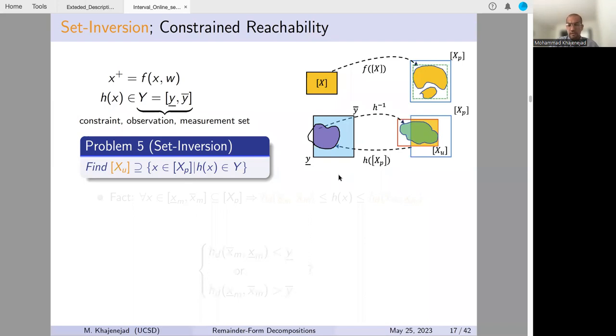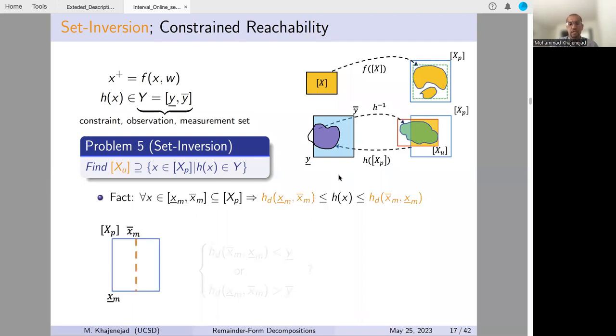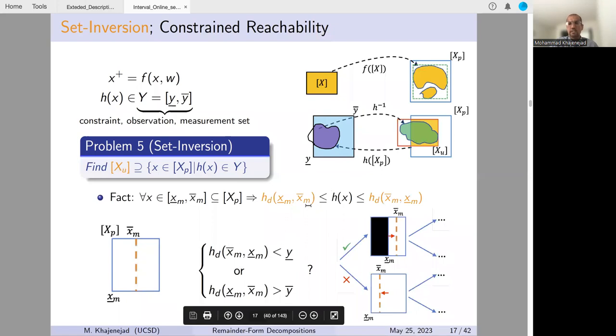So it turns out that using these decomposition functions, we can handle this problem as well. And the idea is to apply these decomposition functions on the observation equation. By applying that, we can rule out sub-intervals of this propagated set, which are proven to have empty intersection with the observation set.